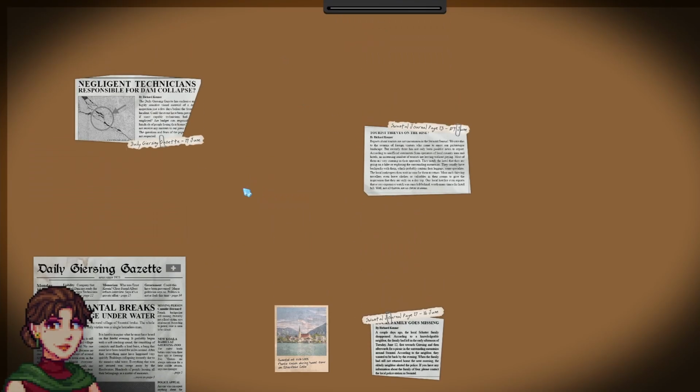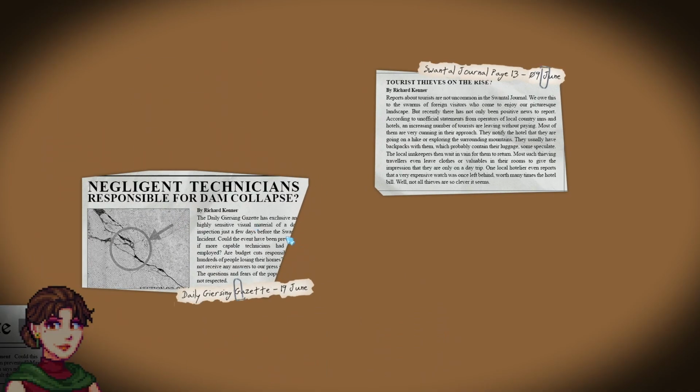Interesting. And then this one. Negligent technicians responsible for dam collapse. Let's see, Daily Hirschen Gazette, 19 June.